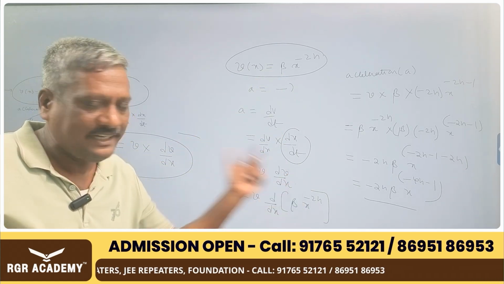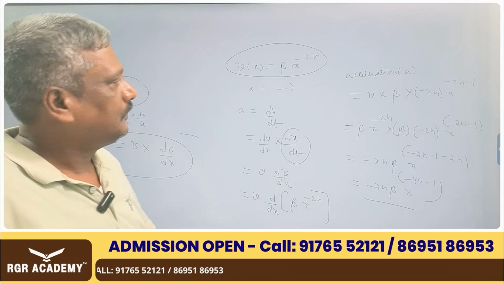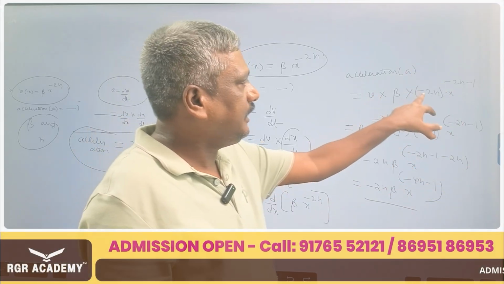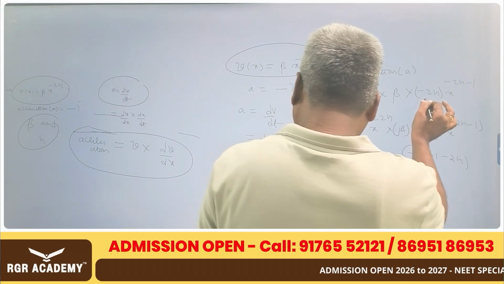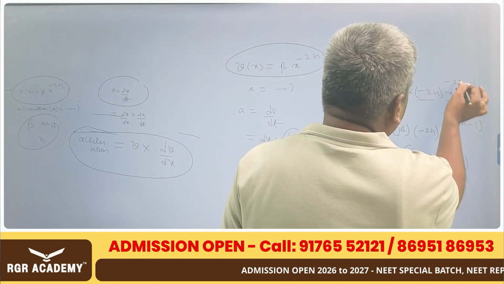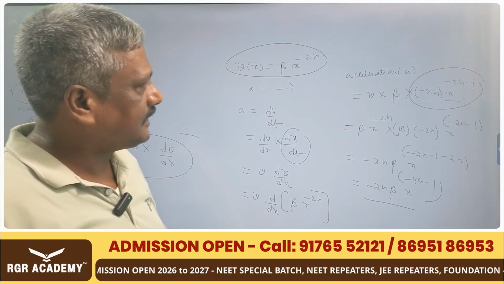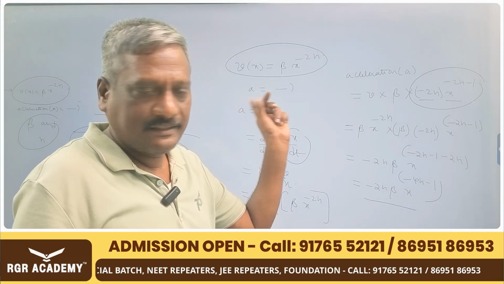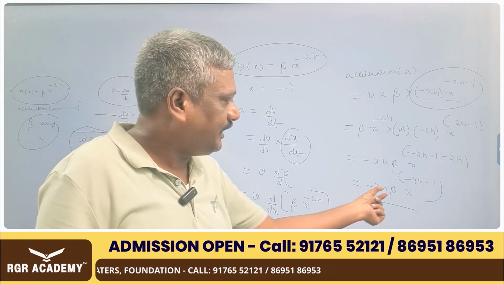Substitute the v value here. Beta into x power minus 2n. What is the derivative of x power n? n into x power n minus 1. So it is minus 2n into x power minus 2n minus 1. Later, the v value you already know, substitute that v value here. That is beta into x power minus 2n. So finally you got like this.